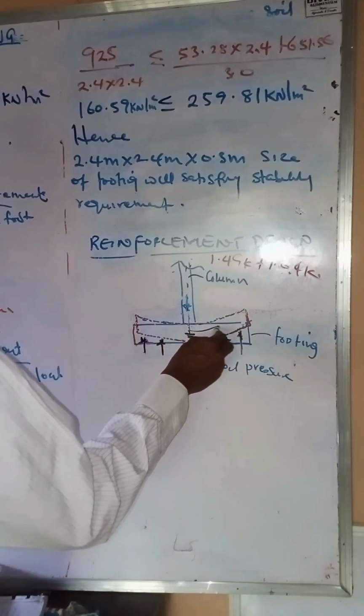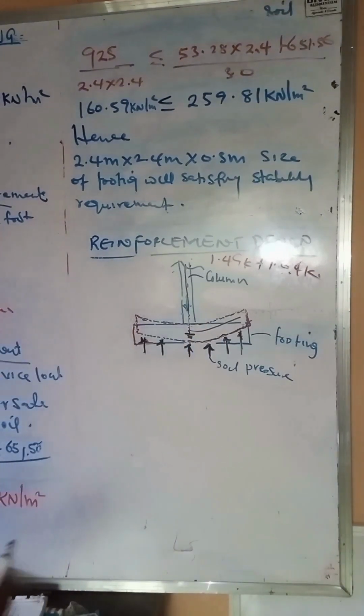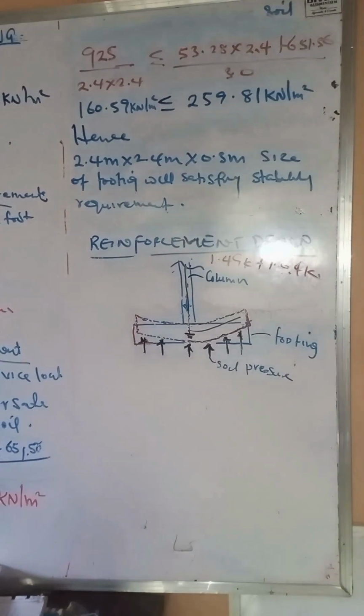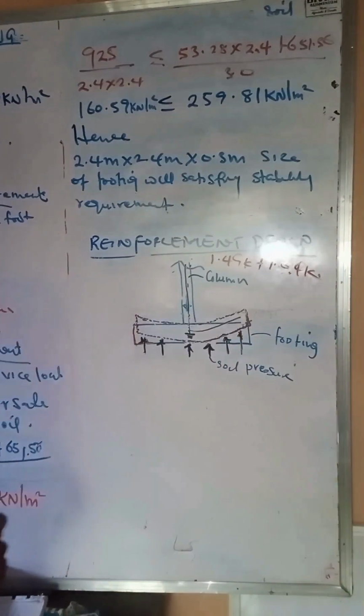So the cantilever goes like this. This is assumed to be the support of the cantilever. So the footing is acting as the cantilever, sourcing from the centroid of the footing. Okay. So when we have this, like I said, we are going to use this design load for the ultimate limit state. So for the ultimate limit state, we make use of 1.4 GK plus 1.6 QK according to BS8110.